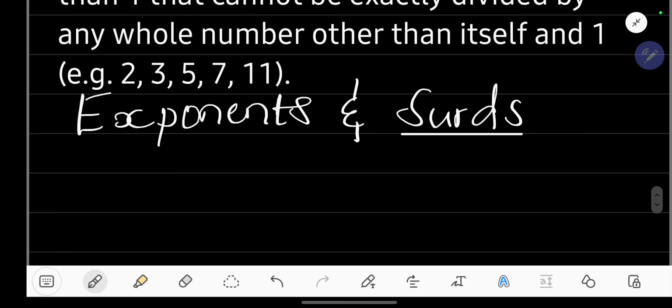Let me explain this in my own way. A prime number is any number that you can only divide by 1 and itself. What do they mean by that? They mean that if you divide it by other numbers, it leaves a remainder. Our prime numbers here are 2, 3, 5, 7, 11.